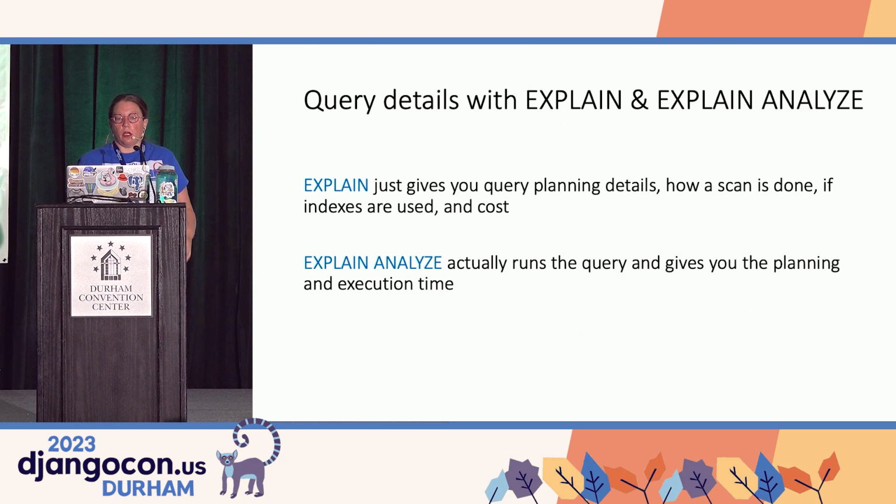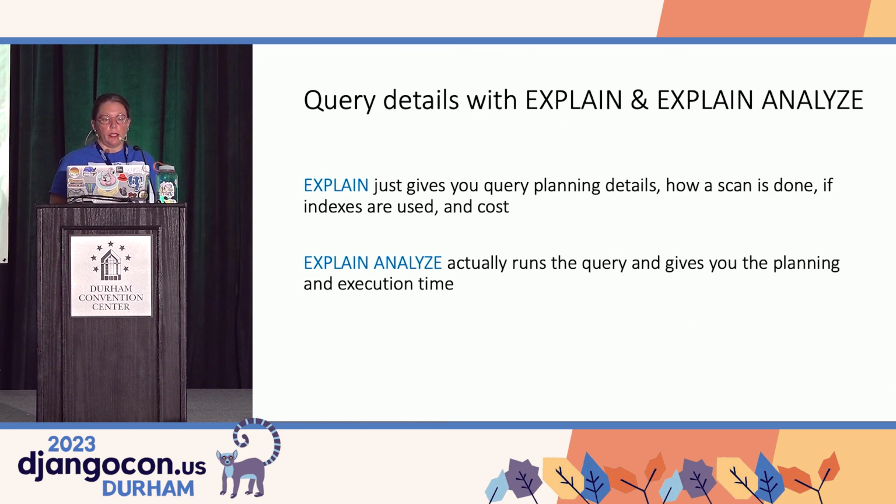And then once you start getting into pg_stat_statements and seeing what queries are coming in, you're probably going to want to know more about that specific query. The way that Postgres does this is with what's called explain plans. Explain is just something that you run inside Postgres. You run an explain plan and then you put the query after it, and then Postgres gives you a bunch of information about the query itself.